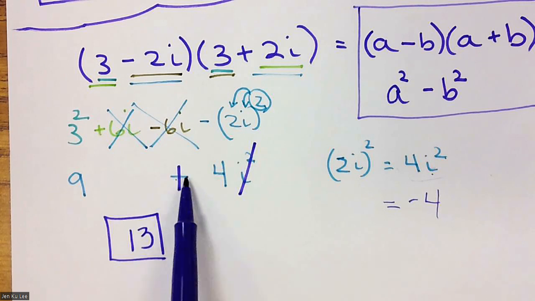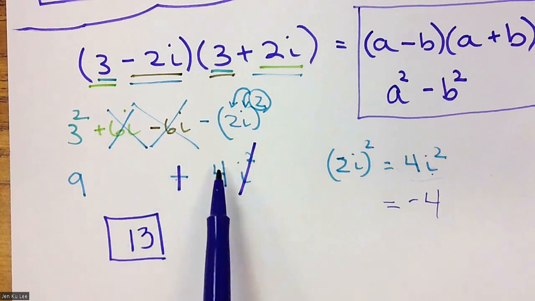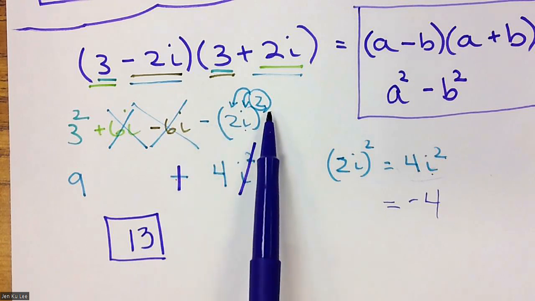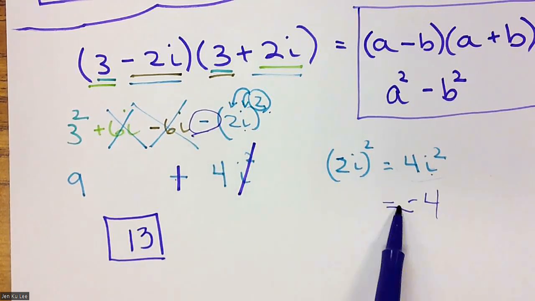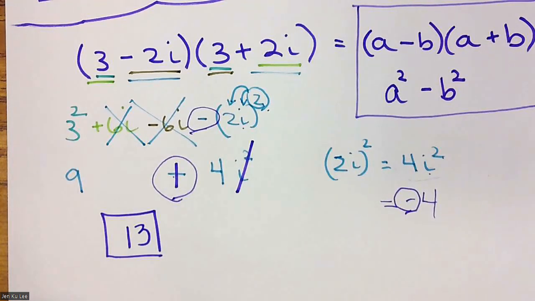Because there was a negative out here. So it's minus 4. It was minus 2i squared, right? Yeah. That's why this negative times this negative turned into a positive. Yeah. Okay? Cool? Questions? No questions? That is your lesson for today, class.